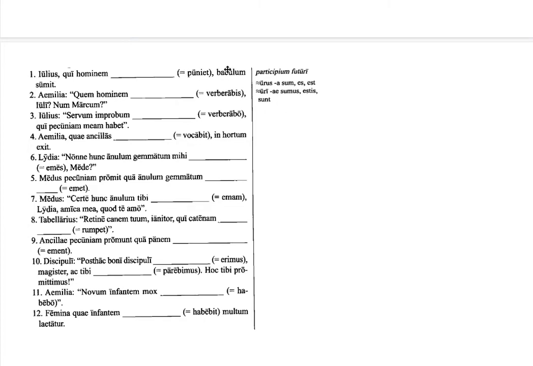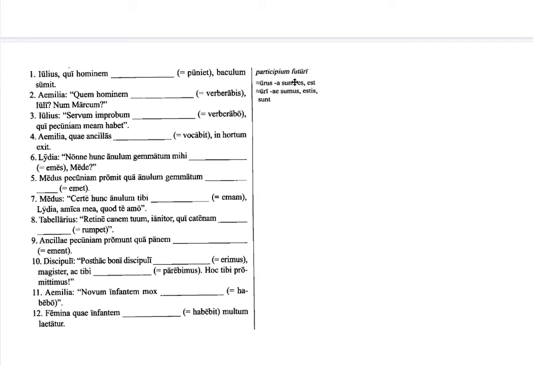So this first one: Julius, who is about to, or who is intending to, or who is going to punish a person, grabs a stick. If you look up punio, punire, as you saw on the previous page, you start with punit, and then it becomes puniturus, puniturus, punitura, and if there was a neuter thing that could punish somebody, which is usually not the case, obviously, then you might have urum here.